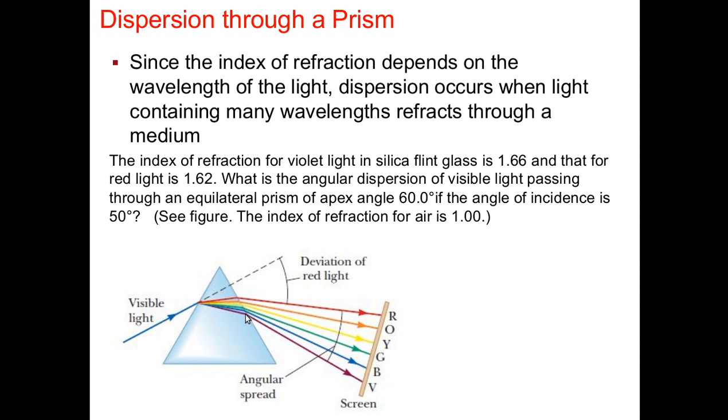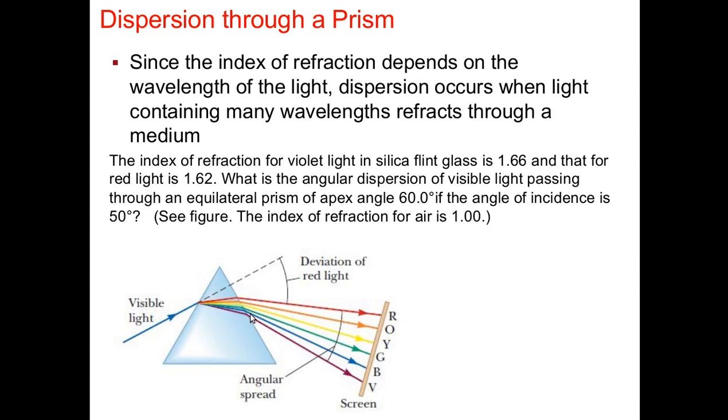It's still a normal line, still perpendicular to the surface, and the angle that we get for violet is the angle this beam makes with that dotted line again. And the difference between those two angles is what is referred to as this angular spread here.